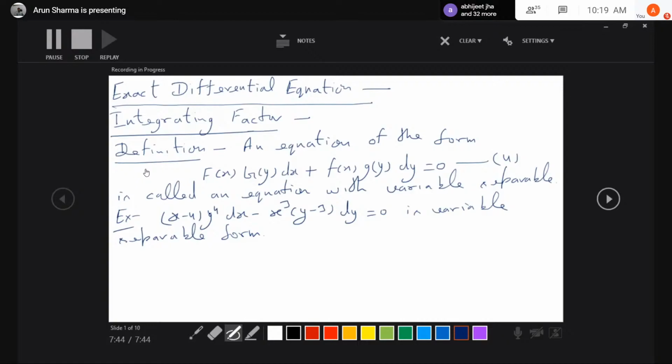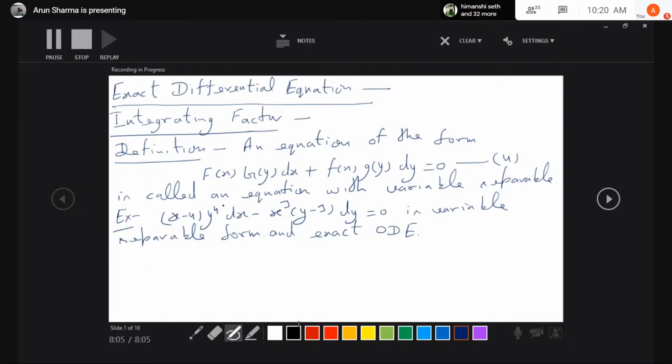No, sir. Very good. So this is not an exact equation. This is variable separable form and not an exact ODE, not an exact ordinary differential equation.